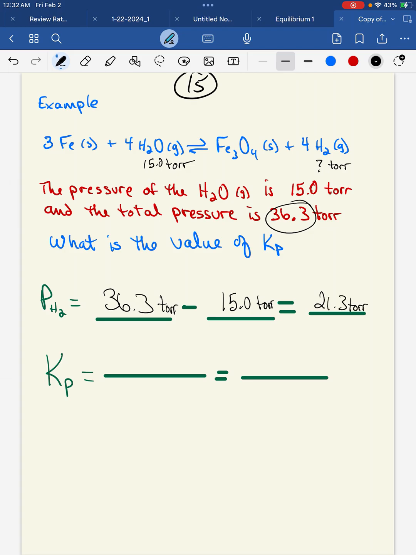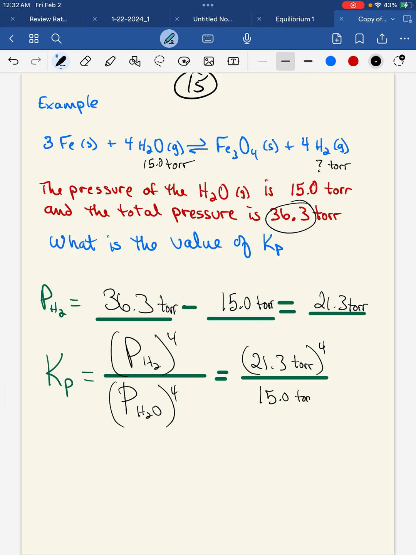So our Kp expression in this case will be the pressure of H2 to the fourth over the pressure of H2O to the fourth, which will be 21.3 torr to the fourth over 15 to the fourth.